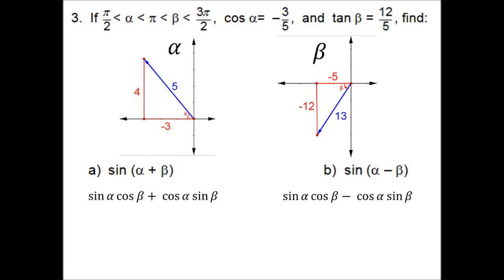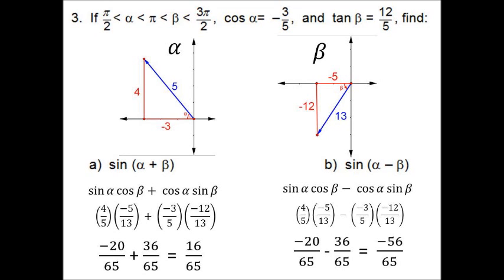From that, we just start filling in our fractions. The sine of alpha is 4/5. The cosine of beta is negative 5 over 13, plus the cosine of alpha, which is negative 3 over 5, times the sine of beta, which is negative 12 over 13. Do your math, multiply in. You have negative 20 over 65, plus 36 over 65, so that would give us 16 over 65.